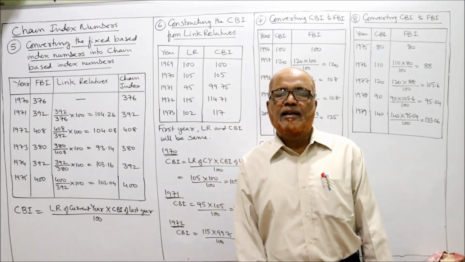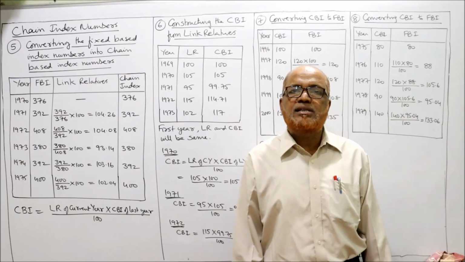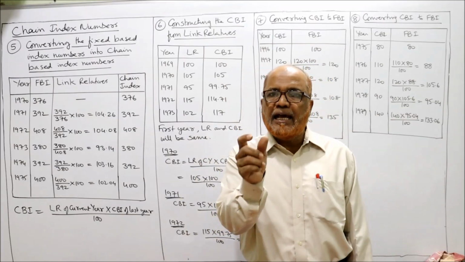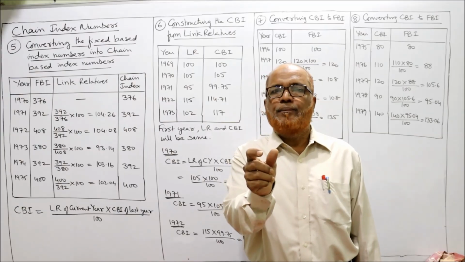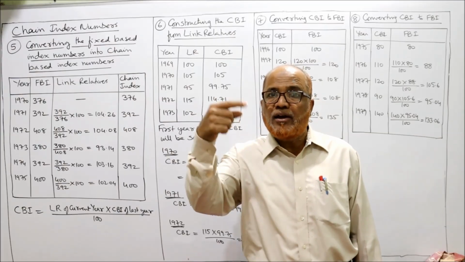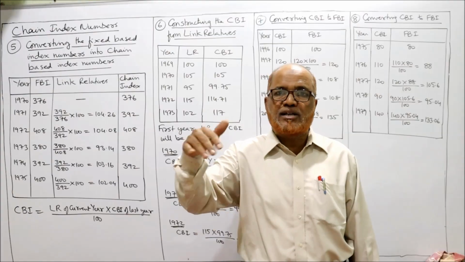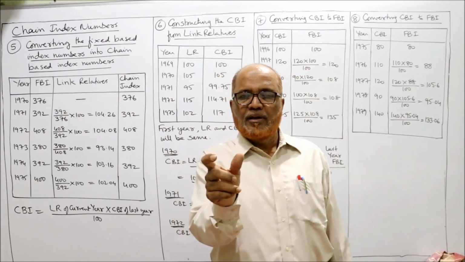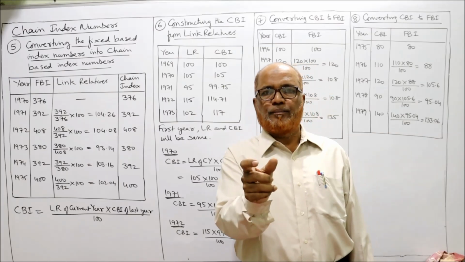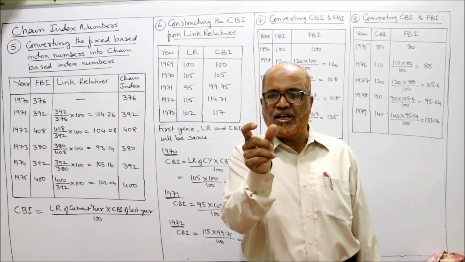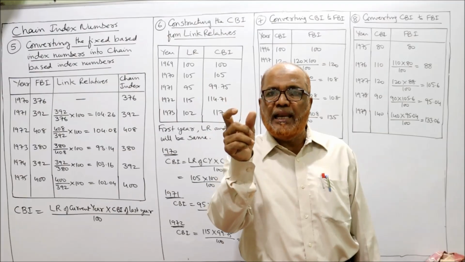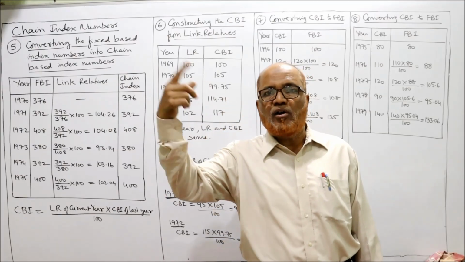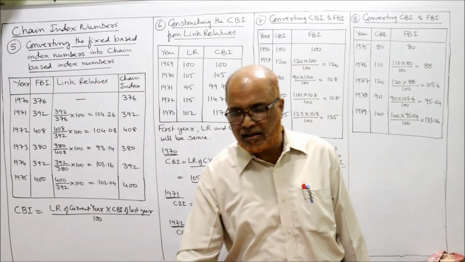After calculating the link relatives, we can easily calculate the CBI, chain based index. The formula is: link relative of the current year into CBI of the last year, divided by 100. Again I repeat, the CBI of the current year is equal to link relative of the current year into CBI of the last year divided by 100.